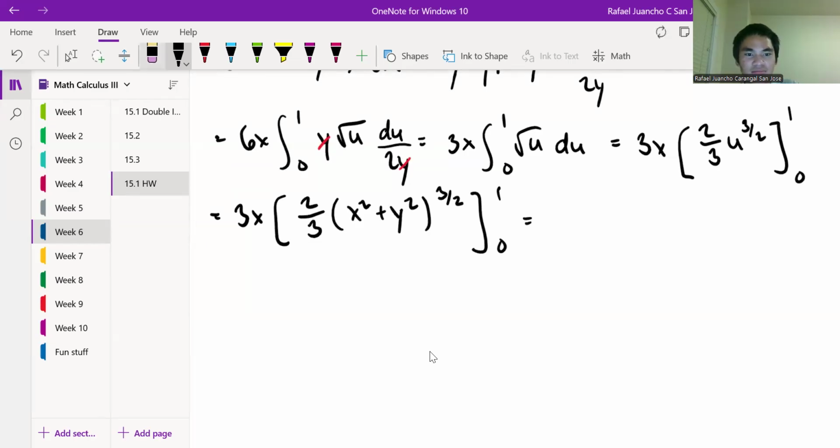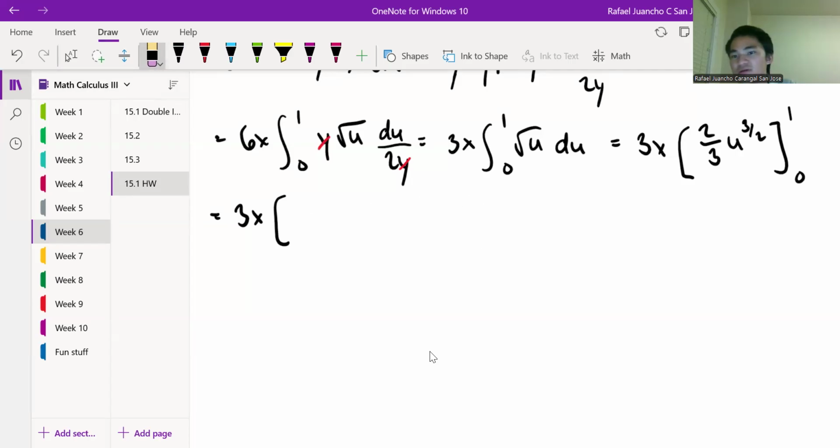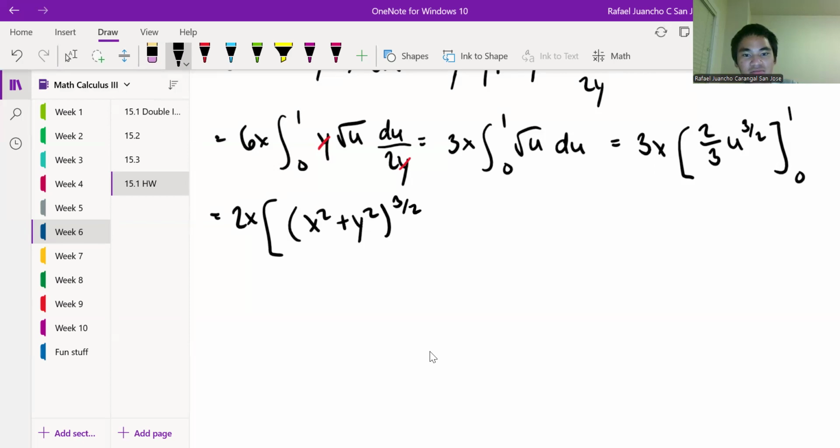Or actually, wait. I could put the 3 here and then put the 2 here. So I get 2x. Then I put back my original function here. There we go.